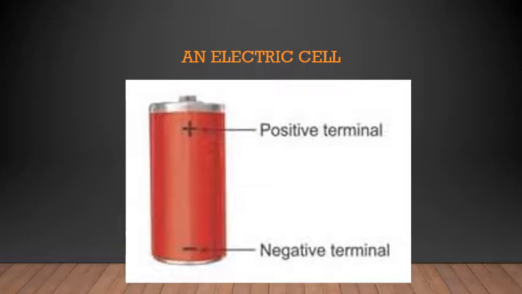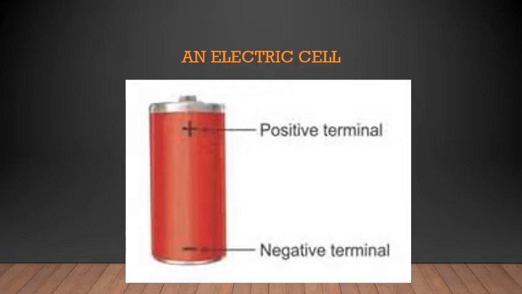Observe it. You might have noticed that it has a small metal cap on one side and a metal disc on the other side. Did you notice there is a positive sign and a negative sign marked on the electric cell? The metal cap is the positive terminal of the electric cell and the metal disc is the negative terminal.